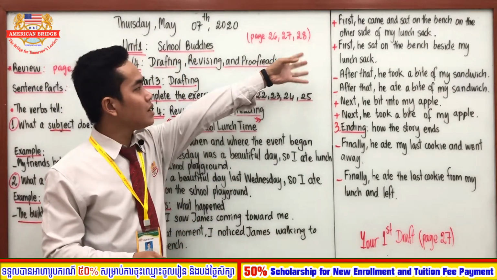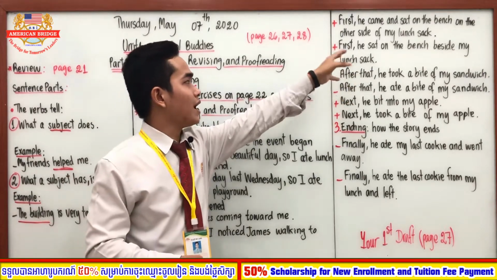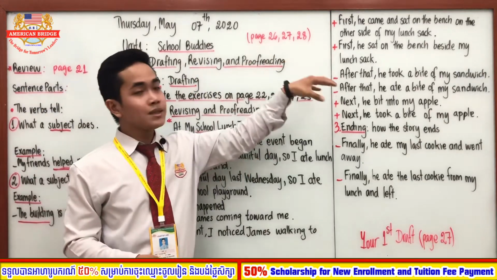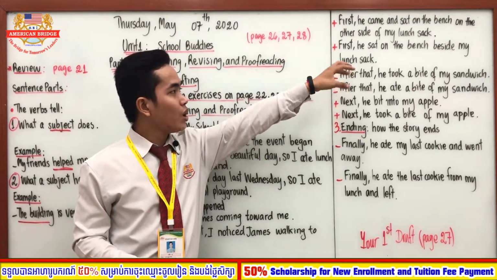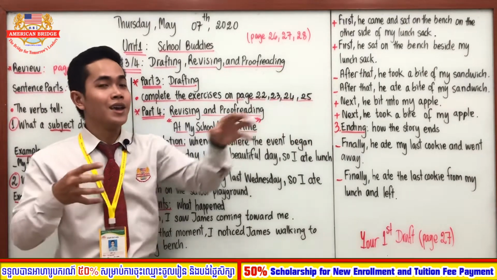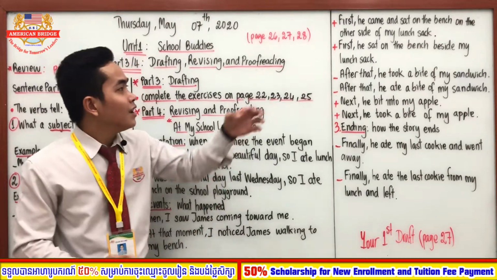As you can see, "First he came and sat on the bench on the other side of my lampshade." Or you can say, "First he sat on the bench beside my lampshade." As you can see, we have different styles of writing. Good.